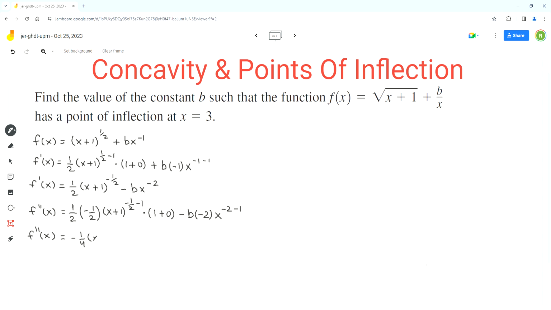And in the exponent, negative half minus 1 is equal to negative 3 over 2. 1 plus 0 is 1, so multiplication by 1 doesn't change anything, so it goes away. Now in the second part, negative b times negative 2 is positive 2b, and then the exponent of x is negative 3. Now we can move the x terms to the denominator to make their exponents positive.